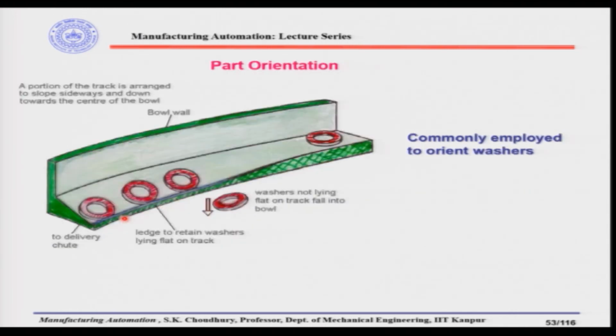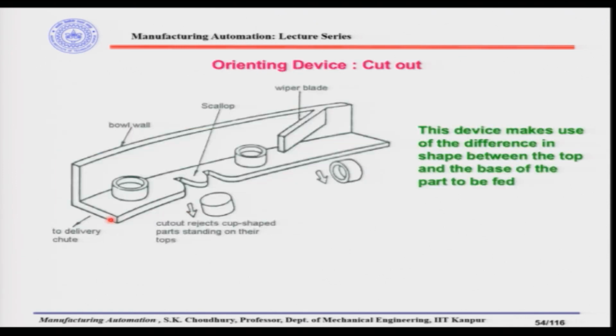Or as you can see, here we have shown washers, and for these washers only a ledge is sufficient. We have seen the parts with the heavier side and the open side. So, we saw that the scallop is very suitable for parts to go through when they come with the closed side or the heavier side down.